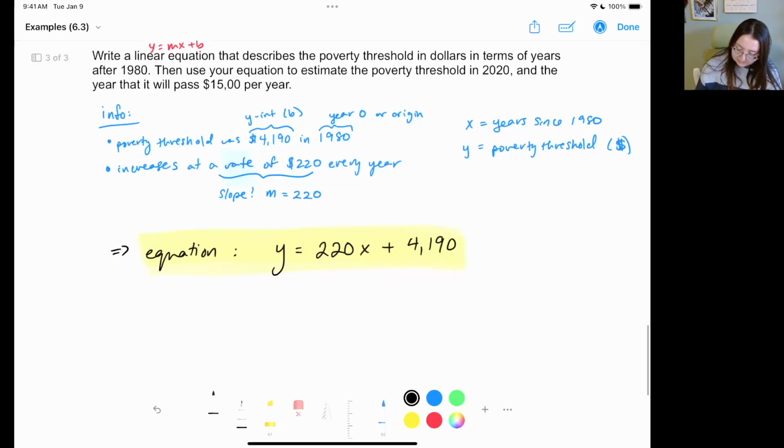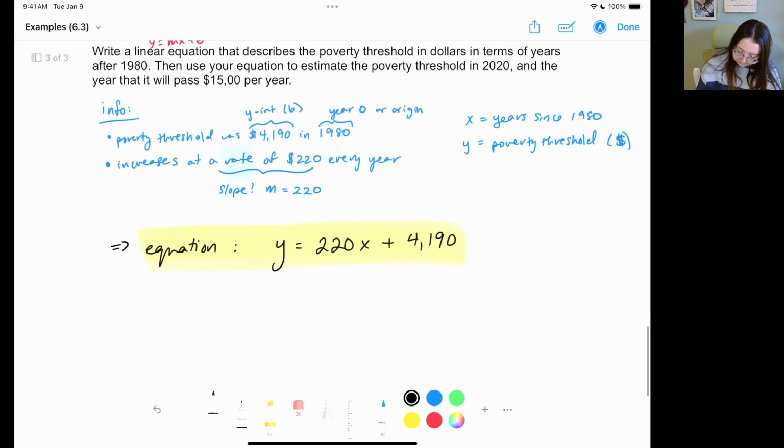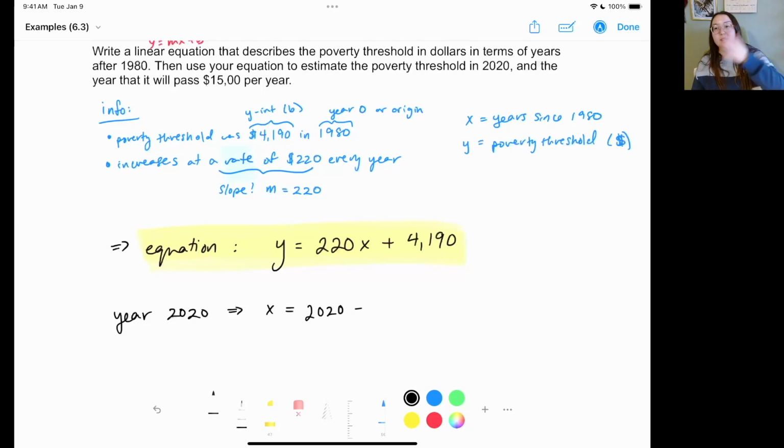So to estimate 2020, our year of 2020 is going to be X is equal to whatever number of years since 1980. So X is, you can use the value of your year that you were given, which in this case is 2020 for us. We can say 2020 minus 1980 because it's years since 1980.